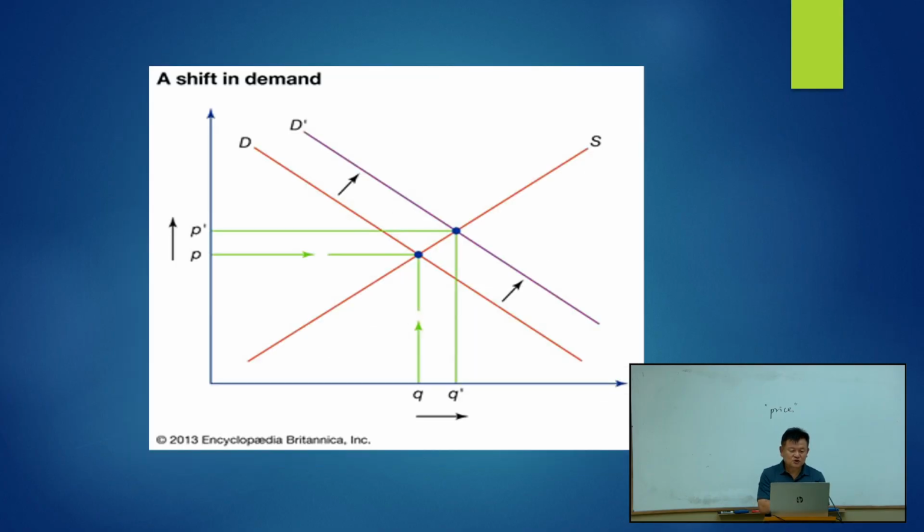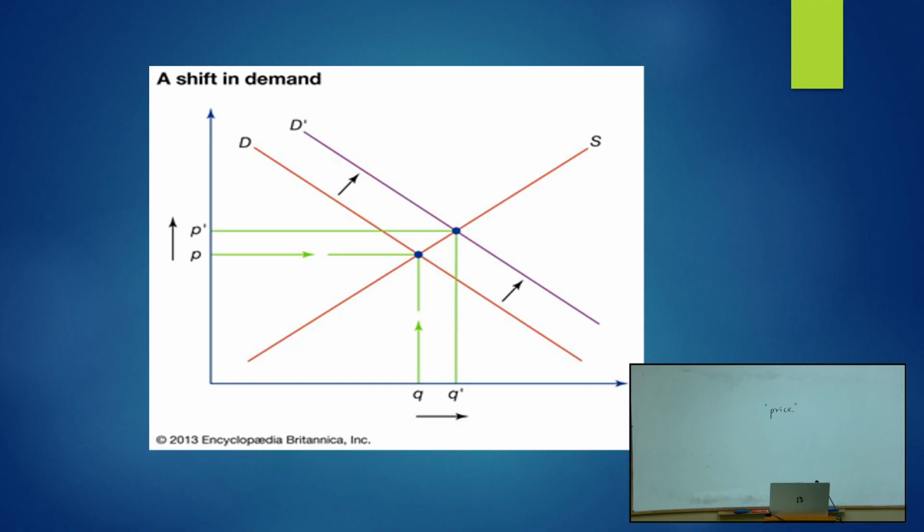And shift in demand: the demand curve is moving to the upper side. It means the quantity increases from Q to Q dash, and then the price from P to P dash.